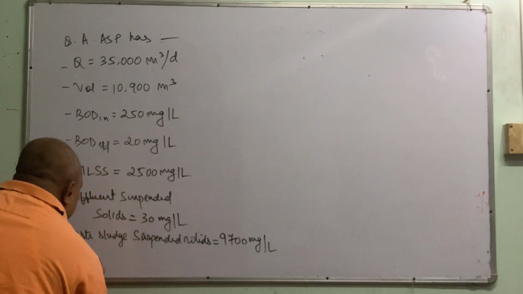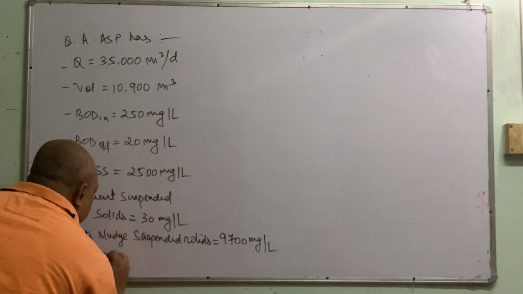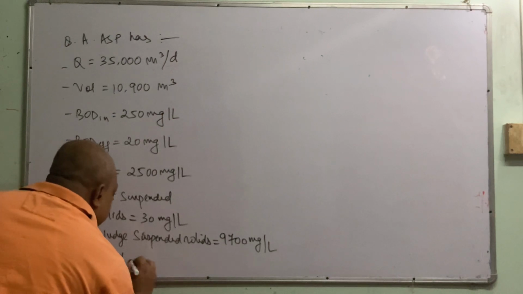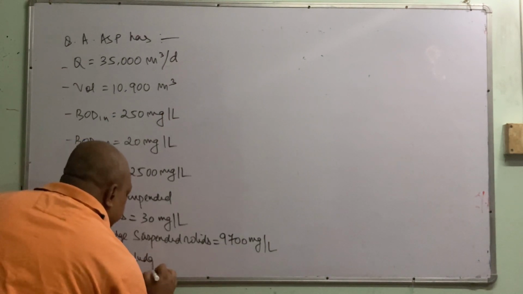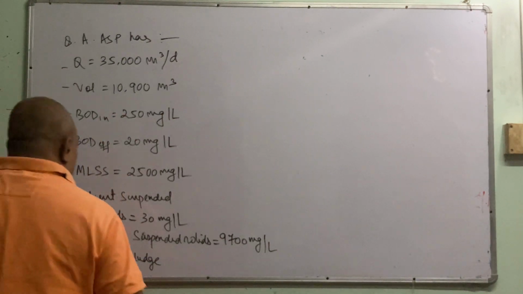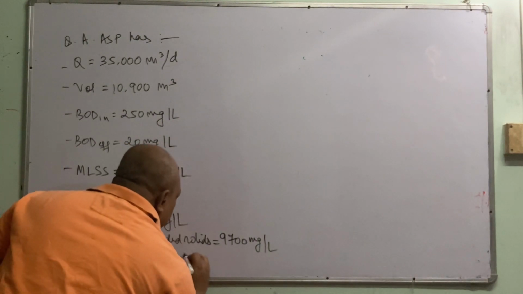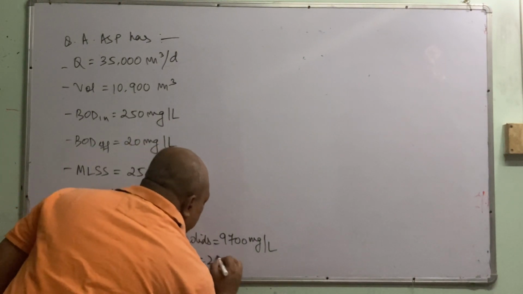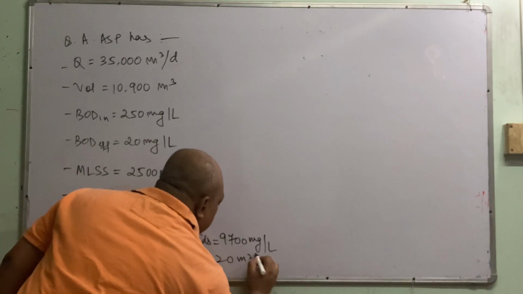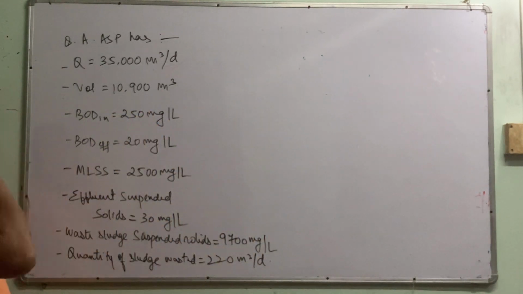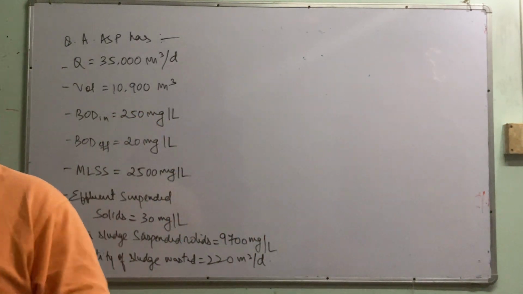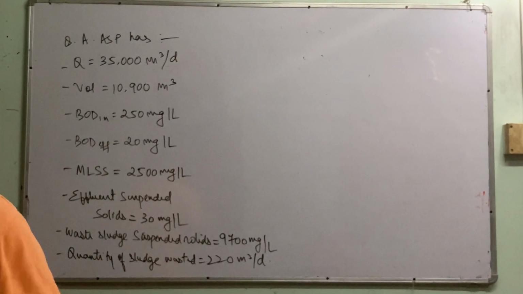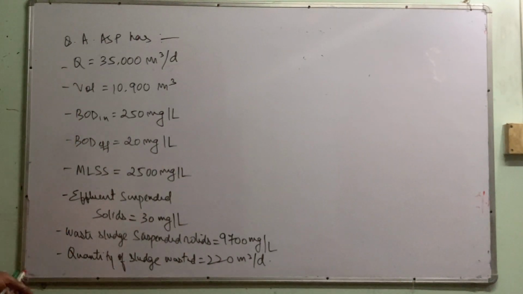Quantity of sludge wasted is called 220 meter cube per day. Okay. So let it be. Now see over here.